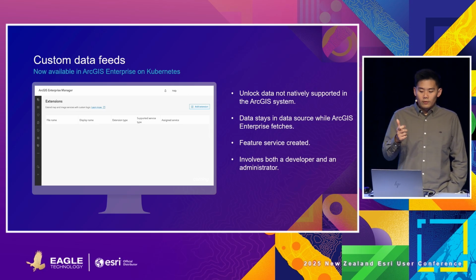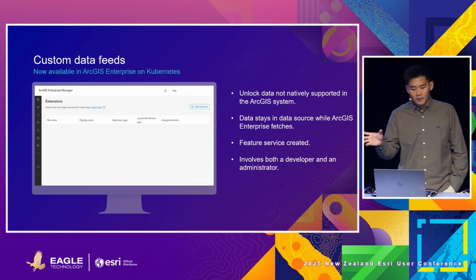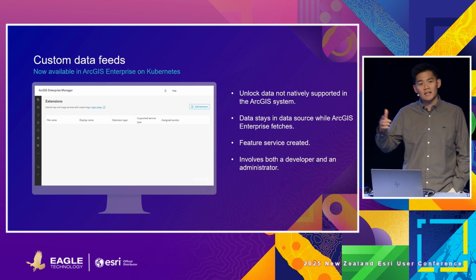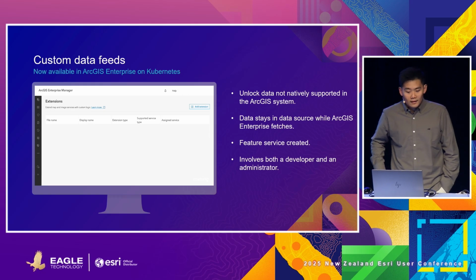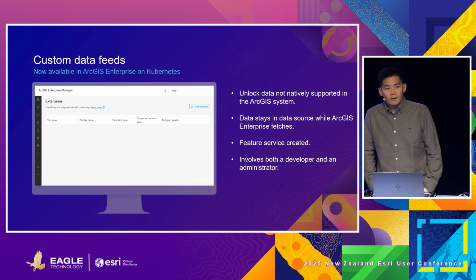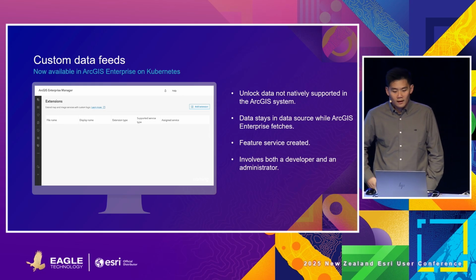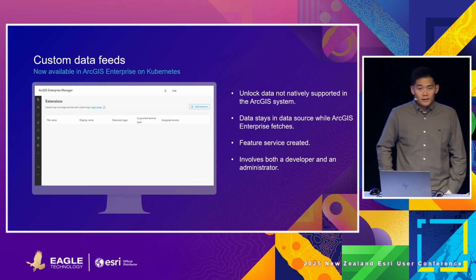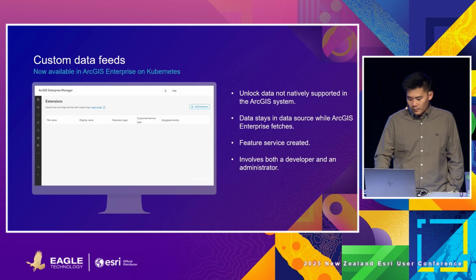So if you do not want to register your data source with ArcGIS Enterprise, you can use a custom data feed. You want to access data that's maintained by a third party, you're pulling that in as read-only, and your data is stored in remote locations and needs to be streamed as live data feeds, in specific formats. And this is why custom data feeds are very powerful.